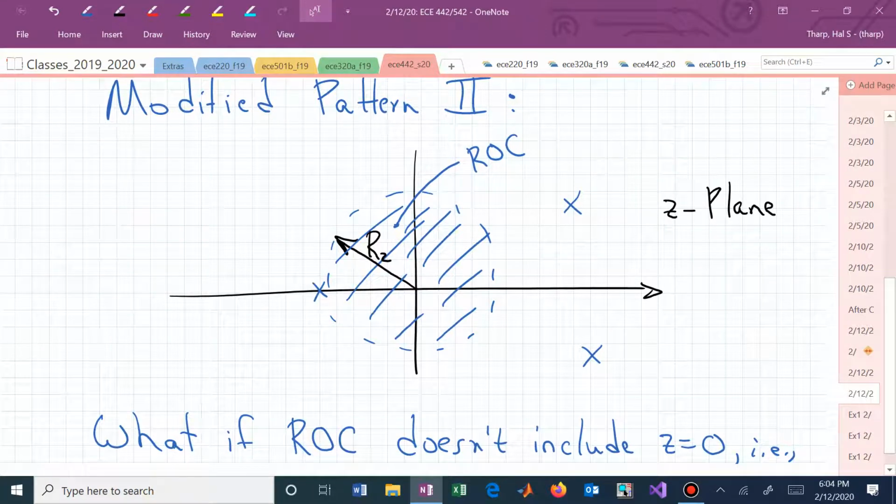Now, if you've already printed out the notes, or if I just happen to scroll up a little, what if the region of convergence doesn't include z equals 0? And now you pick your favorite way to draw that, but let's just say now we have excluded the origin. We have this disk with z equal to 0 removed from it. That's now our region of convergence. And that's modified pattern number 2, or a variation on pattern number 2.